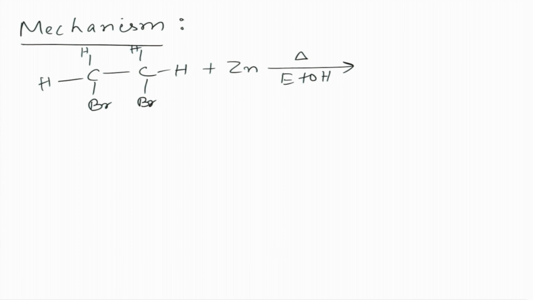So at first we know that this is the metallic zinc, it is in zero oxidation state, and zinc has zinc 2 plus as a stable oxidation state. So zinc will become zinc 2 plus and form bond like this. So one bond is with this alkyl group and one bond is with bromine.